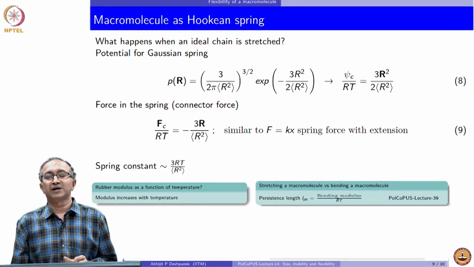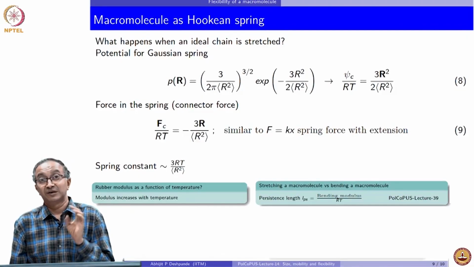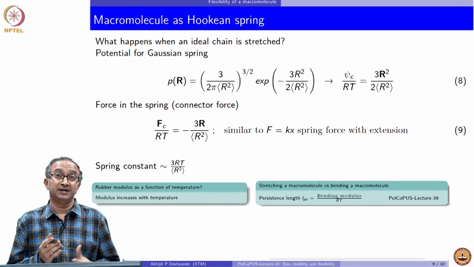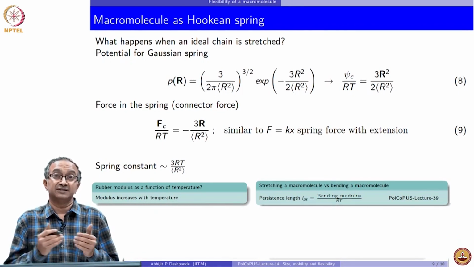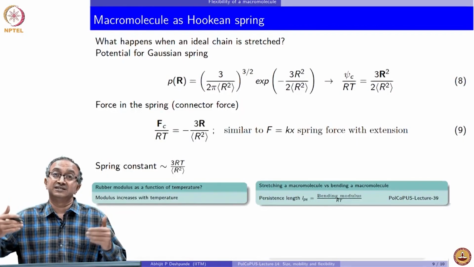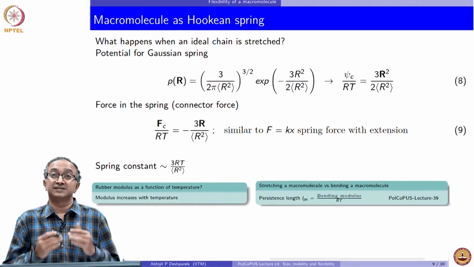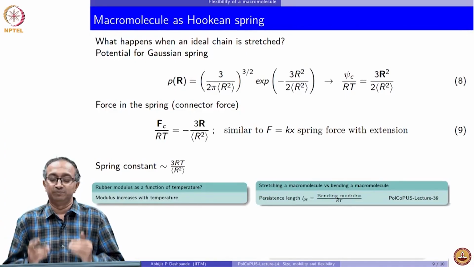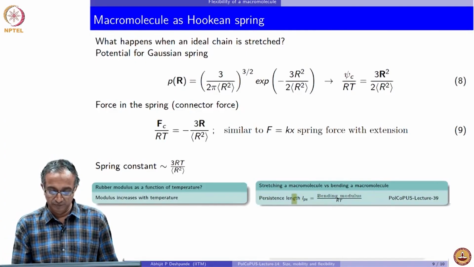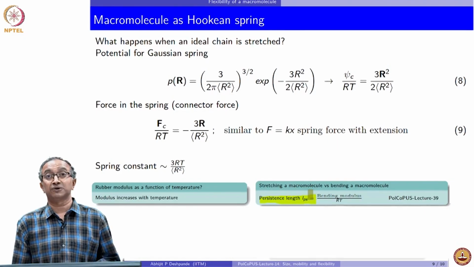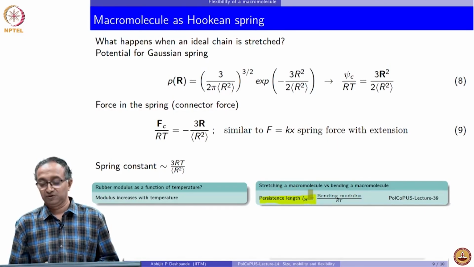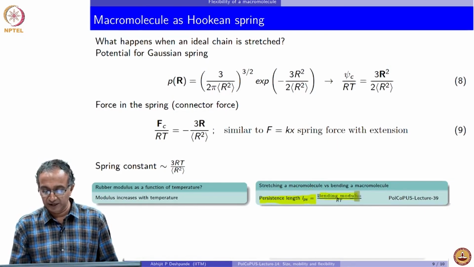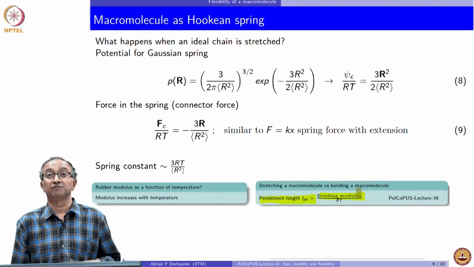One other aspect of macromolecules which is useful, and I alluded to it when I talked about PEEK and polystyrene and many of these polymers, is that where there are steric hindrances or conformational changes are not possible, the bending of the macromolecule will also be different. The persistence length that we talked about in terms of flexibility can be used to look at the bending rigidity of a macromolecule.